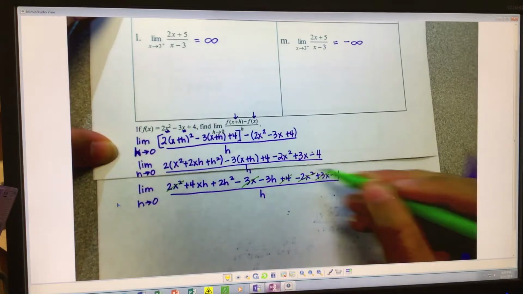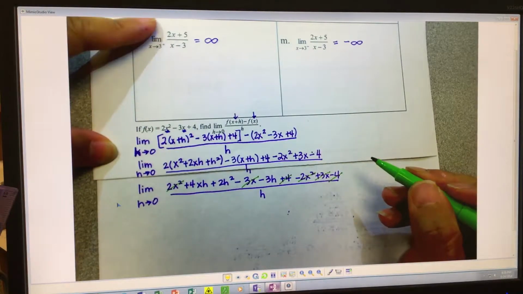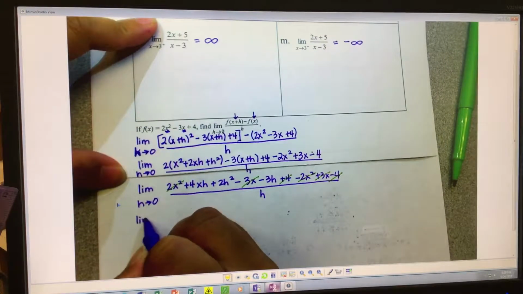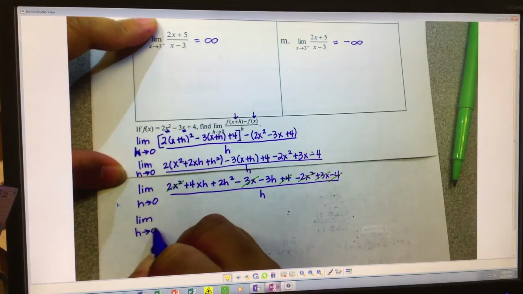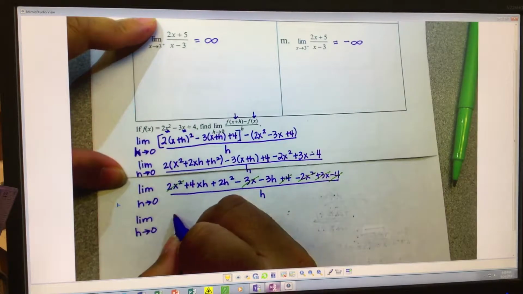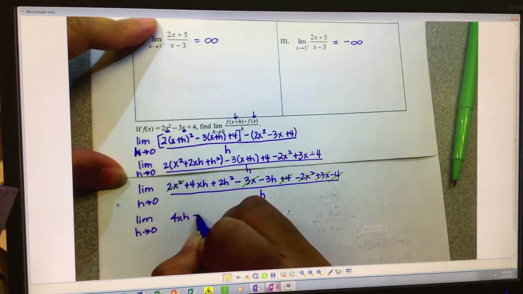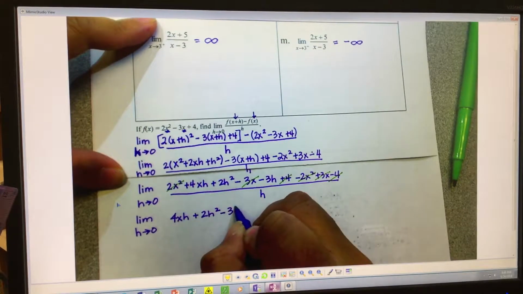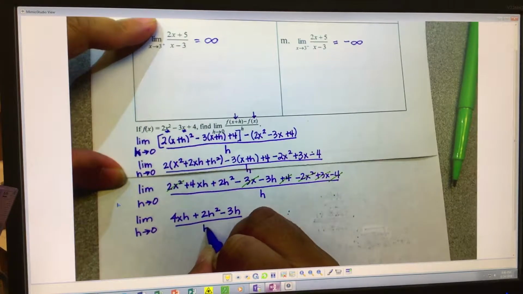And the 4s. Okay, so again, we haven't established the limit yet, so we're going to put that notation there. Okay, and then we have 4xh plus 2h squared minus 3h all over h.